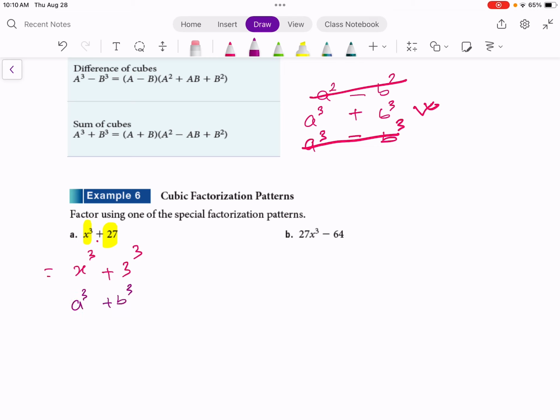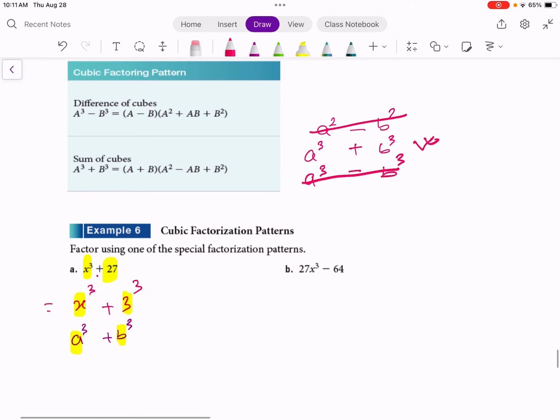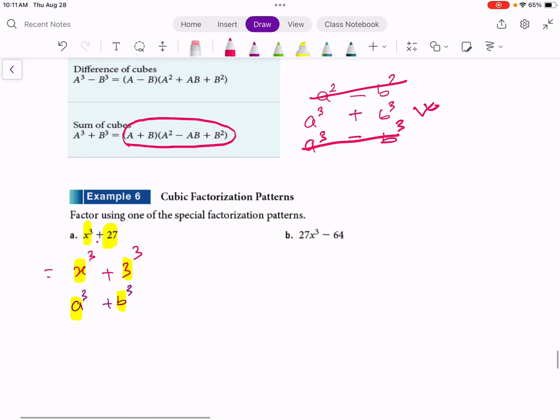For a, what do we have? x. For b, we have 3. Once you have a as x and b as 3, you substitute in this formula, and this will be given to you. You don't need to memorize that. It will be provided on your exam.